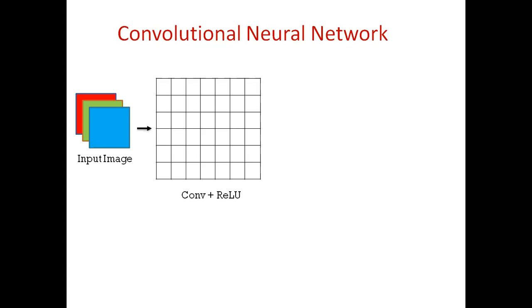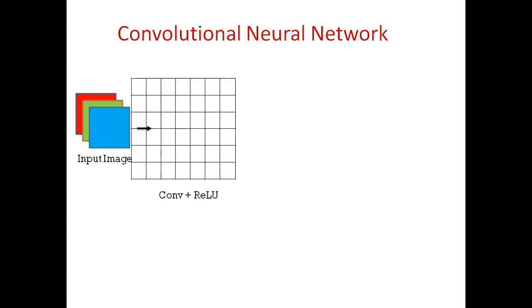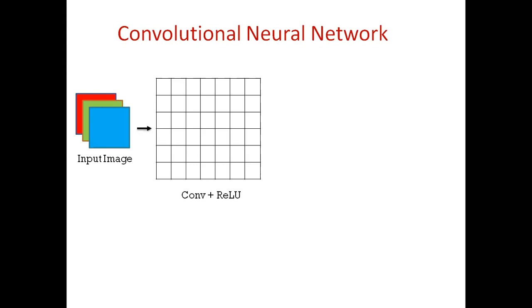You know how two-dimension convolution happens in images. So this is the filtering operation, the two-dimension convolution operation, and this is the convolution layer. After this, there is a ReLU layer, the activation layer, and we are using the ReLU activation function. What is this activation function?